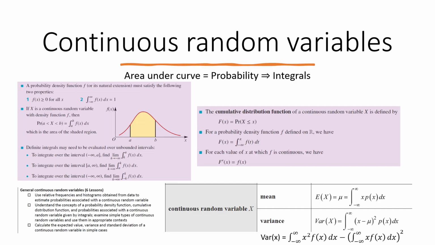Continuous random variables, area under the curve is probability, and that means we're doing integration. So, yeah, we integrate a function that's above the x-axis, because if it's below, probability would be negative, which is not true. We're also integrating for the cumulative distribution function.